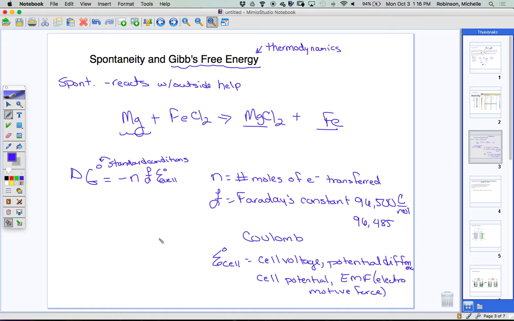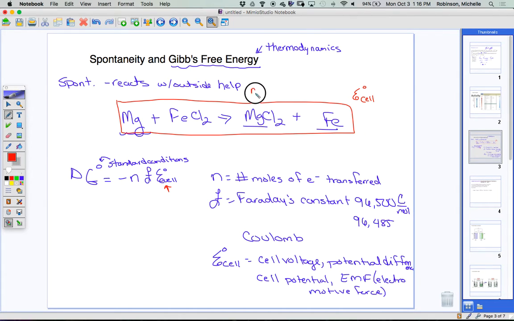So we should be able to solve for delta G. We can do it for that equation that we wrote right there, right? Let's do it for this one as an example. So what are we going to have to find? E of that cell, and the number of moles of electrons that were transferred. How many moles of electrons were transferred every time this thing reacts?